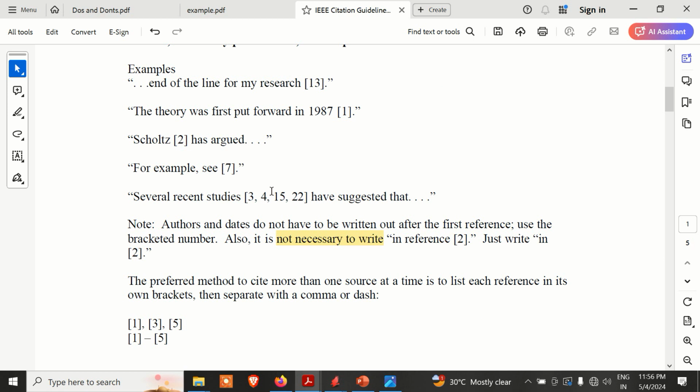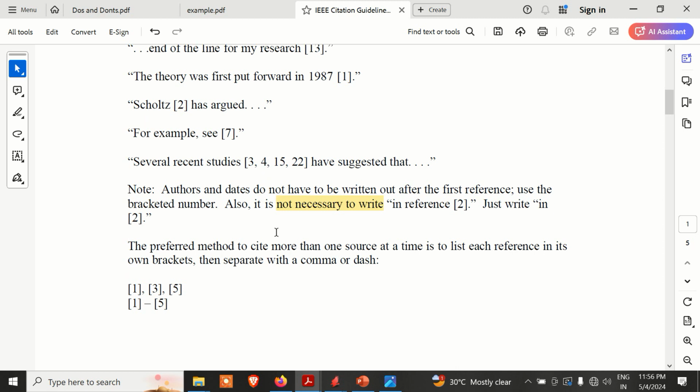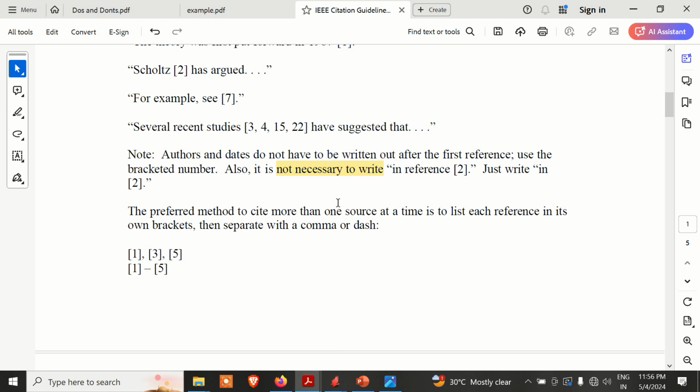Several research studies have suggested, and then you can give a list of the references, each in an open and close square bracket, separated by a comma. You don't need to explicitly say 'in reference number so and so'. It is understood the moment you say square bracket, that it is that reference which you are referring to.